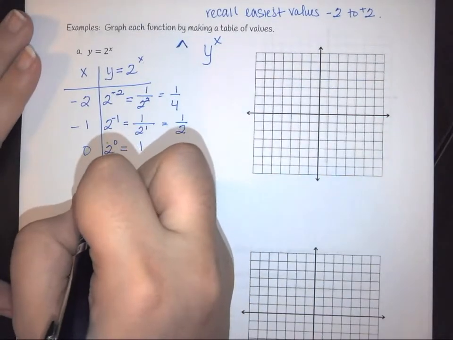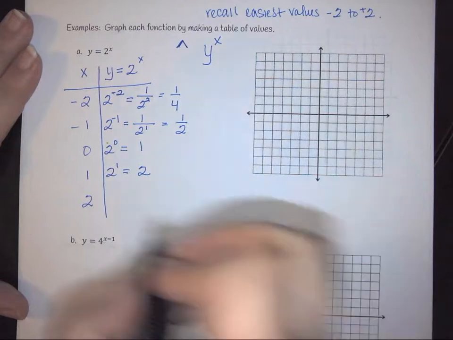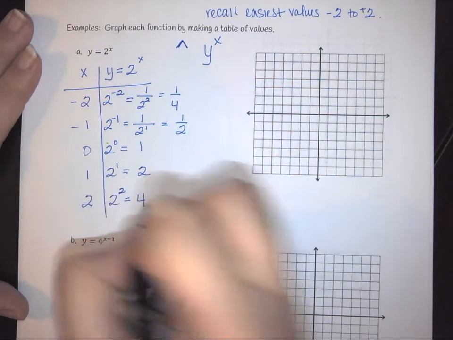Now we have 2 to the first, which we all know is 2, and then we have 2 squared, which gives you 4.